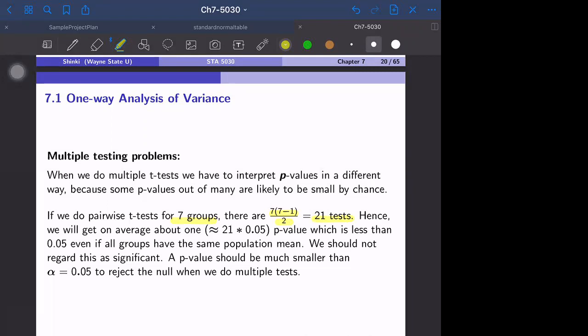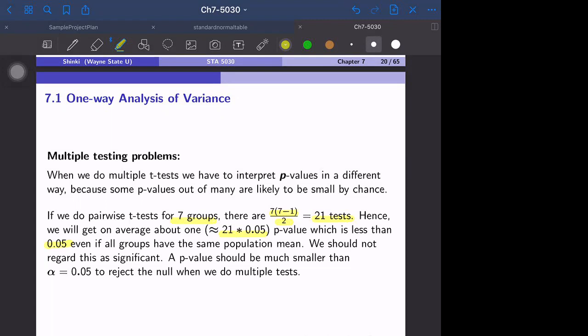So if we have the significance level of 5% for p-values and we have 21 tests, then on average, 21 times 0.05 is 1.05. So one of them, just by chance, rejects H naught. That is our expectation, and that is problematic.